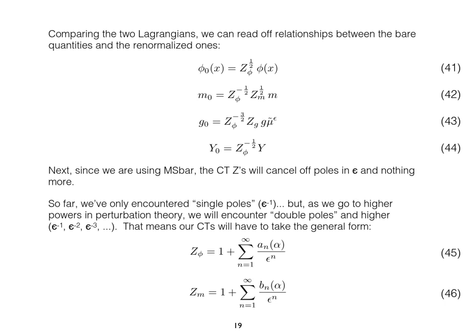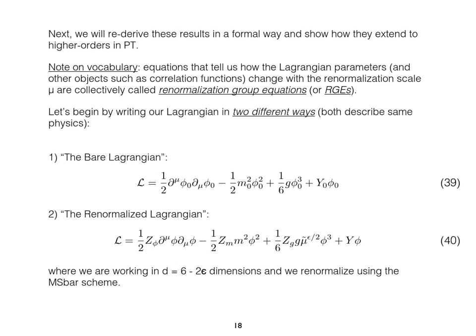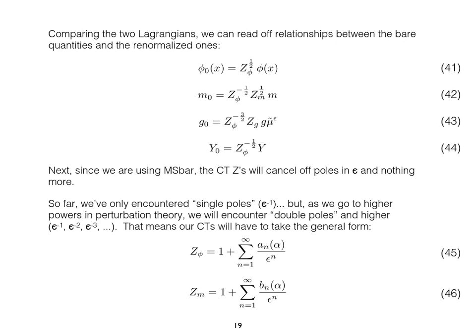Then I can go and look at the other terms. I look at the mass term, and I see that there's some dependence on Zm. But I have to account for the fact that the phi has this Z phi. So when I write down the relationship, I have to subtract off that Z phi.